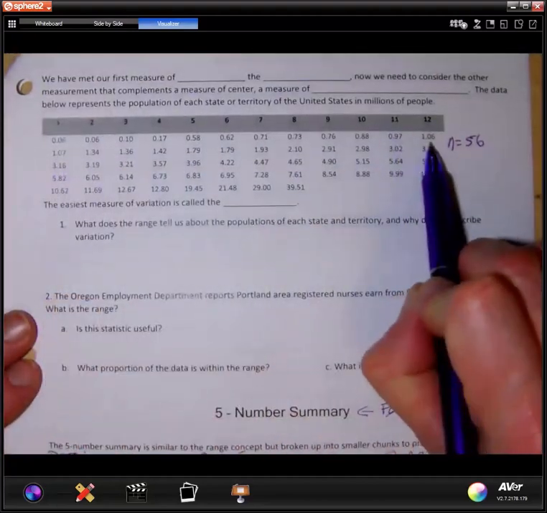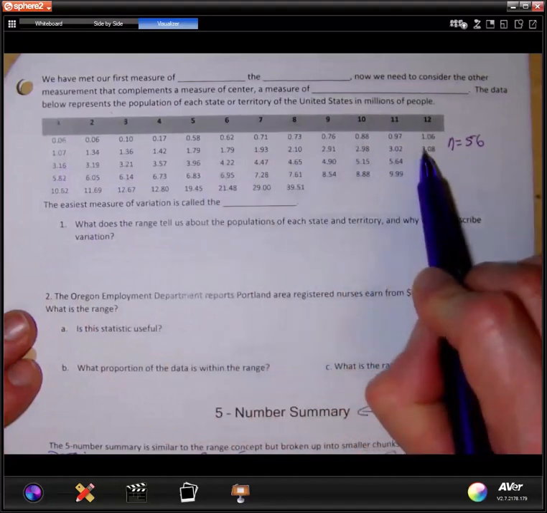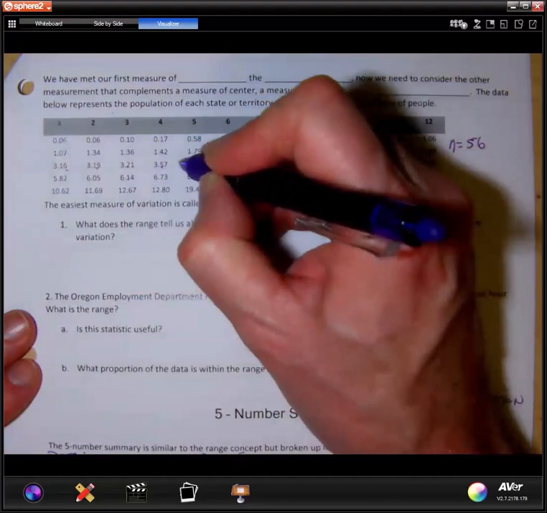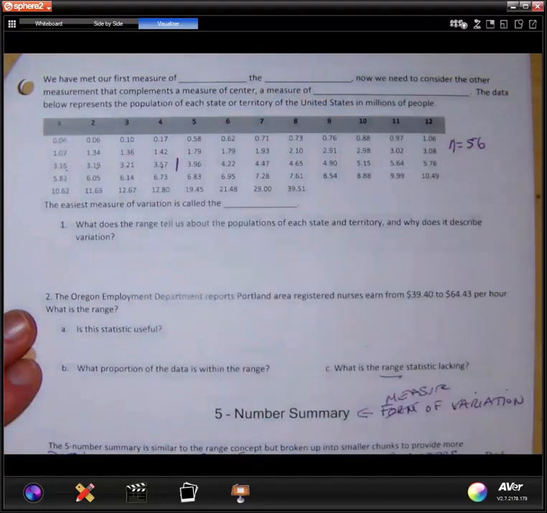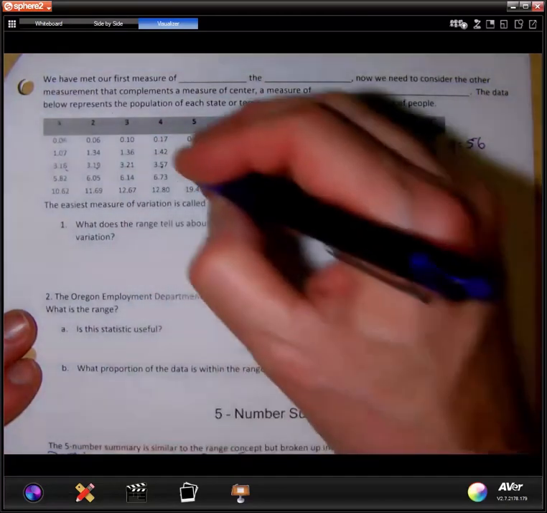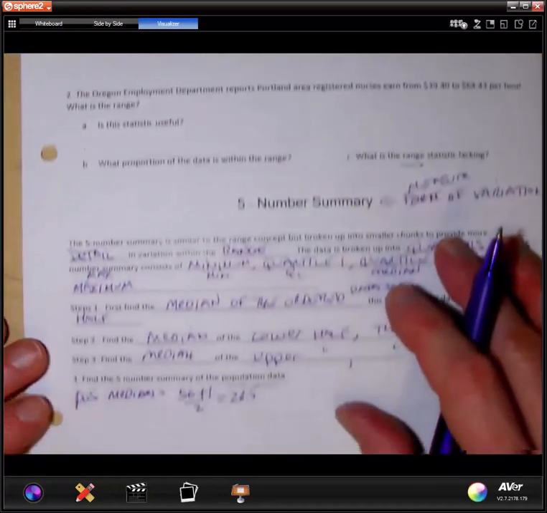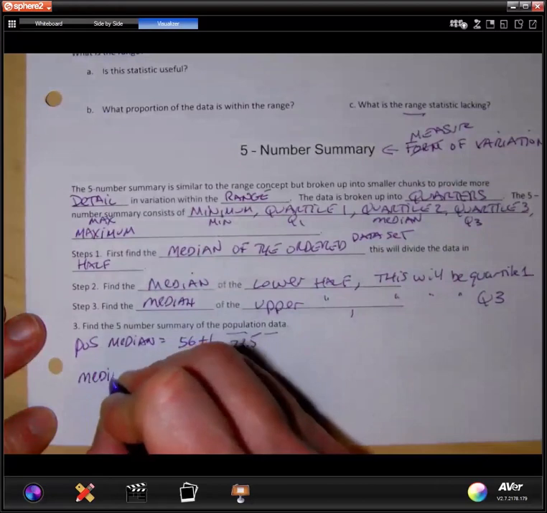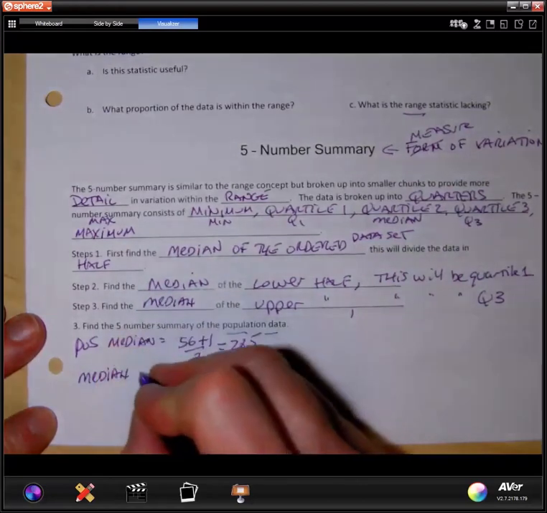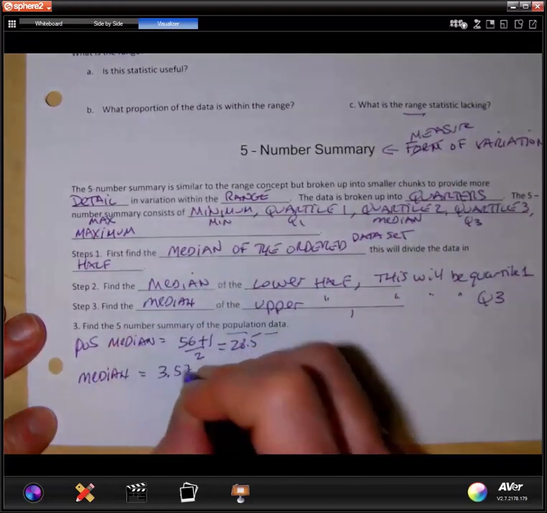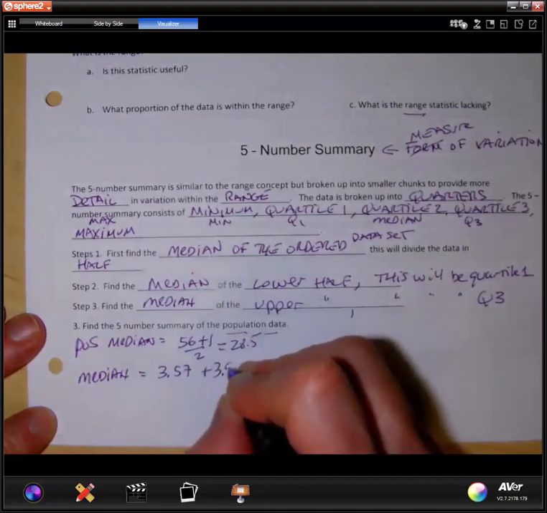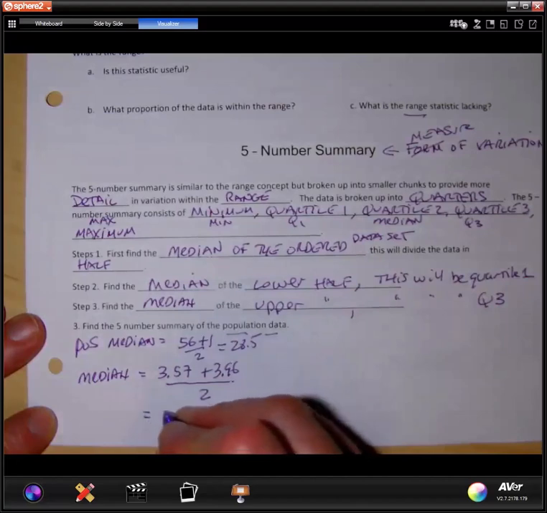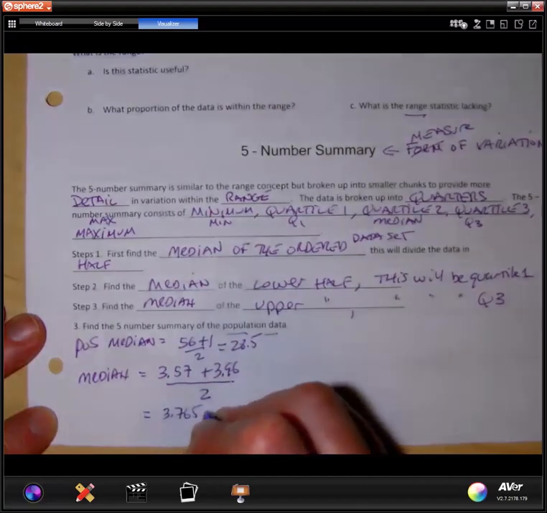I've got 12, 24, 24, 25, 26, 27, 28, 29. So the median is between these 2 values. So now I'm going to read those 2 values. It's equal to 3.57 plus 3.96, divided by 2. And I get 3.765 million.